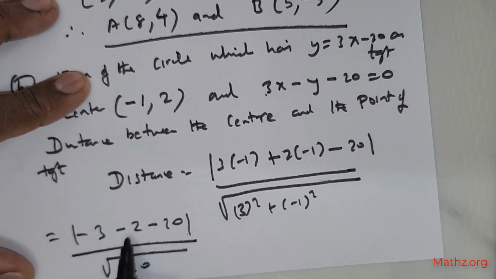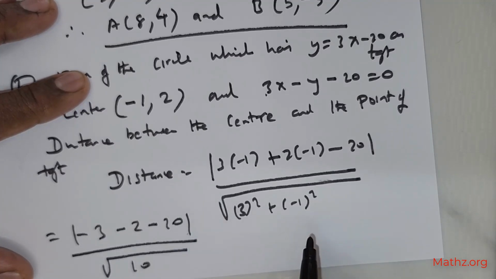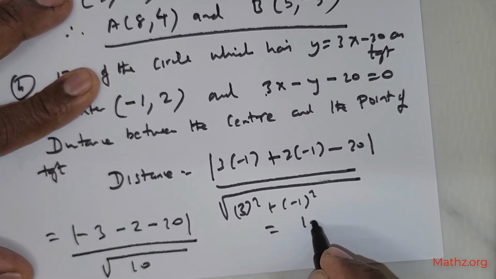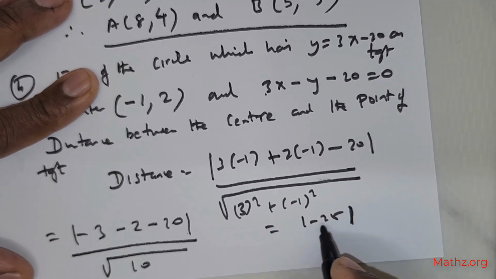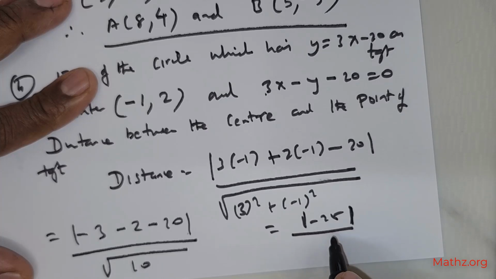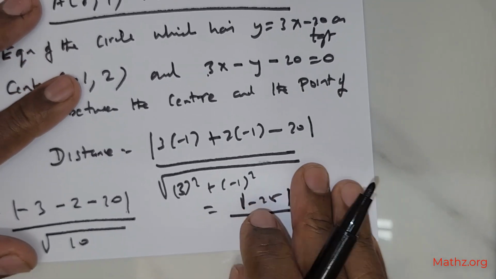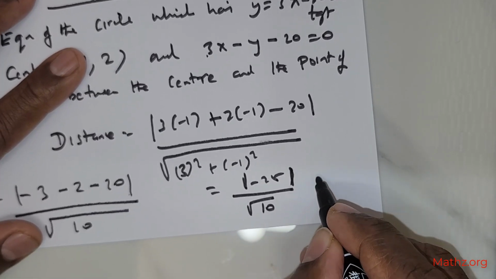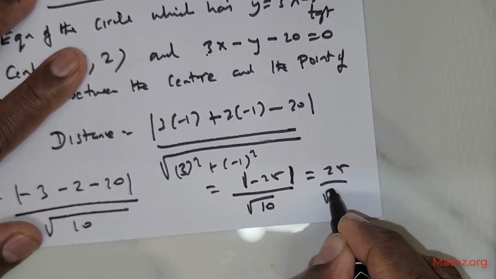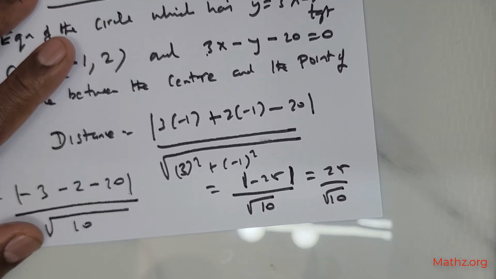So this is 5 and negative 20, so you have modulus of negative 25, divided by root of 10. Now this can be rewritten as 25 divided by root of 10. Okay, so that is the distance.